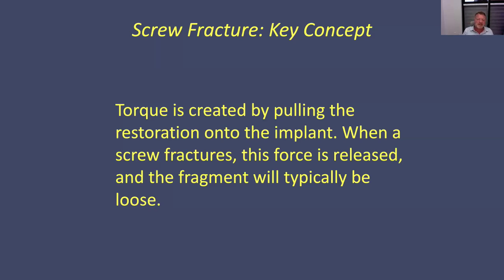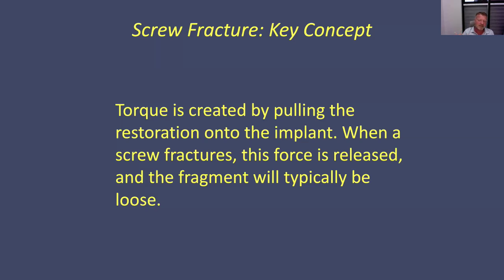And the reason is that, remember, torque is created by pulling on the implant. So when we pull that restoration down, we're getting a cold weld, we're pulling it onto the implant. So we've got all these pulling forces working against the implant, and that's what creates the cold weld.